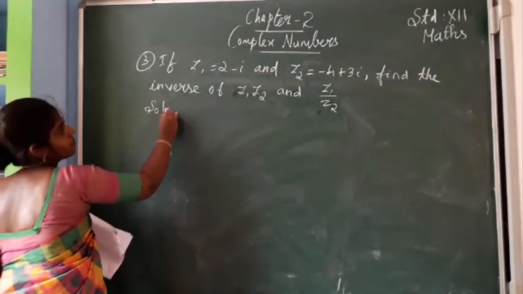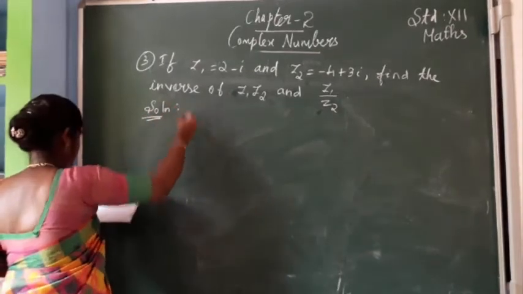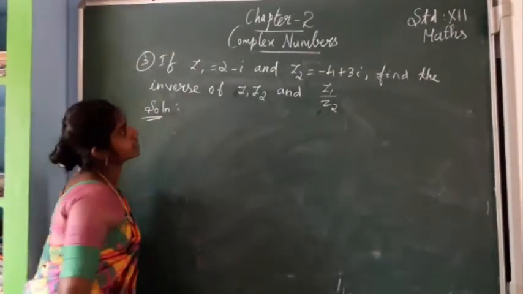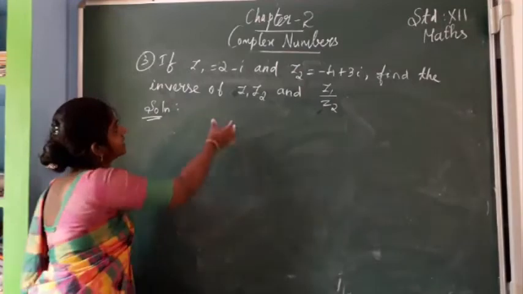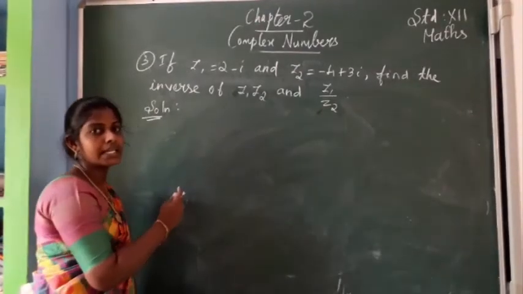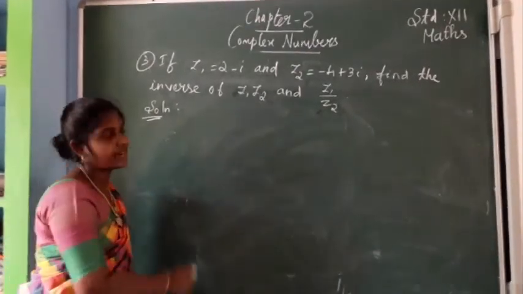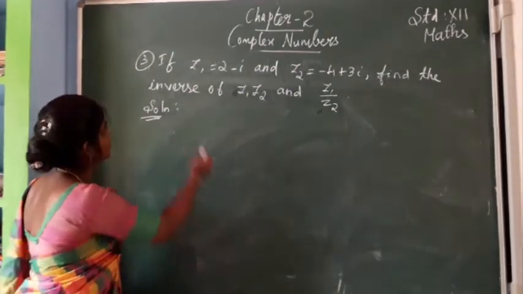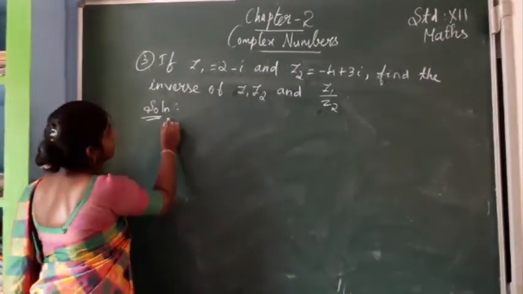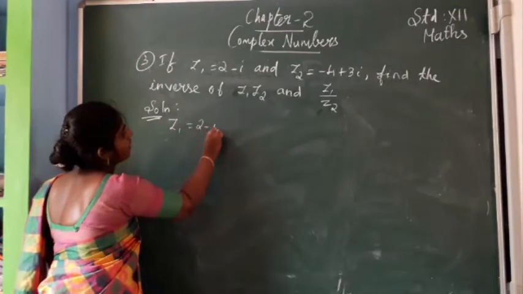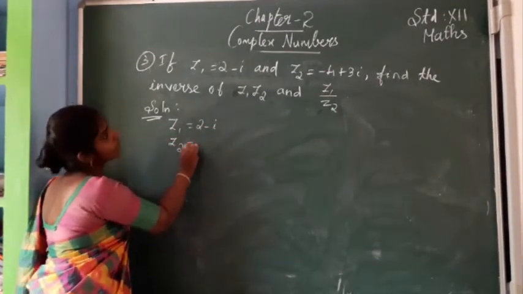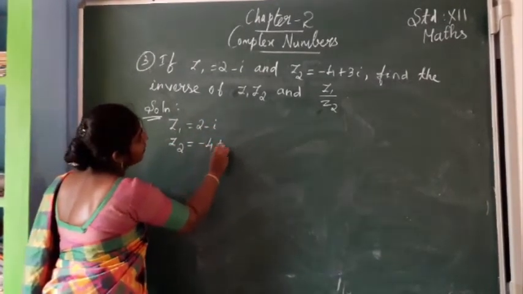Solution. So first z1 is given and z2 is given. You have to find the inverse of z1 into z2 and also have to find z1 divided by z2. First to write the given data. z1 is equal to 2 minus i and z2 is equal to minus 4 plus 3i.